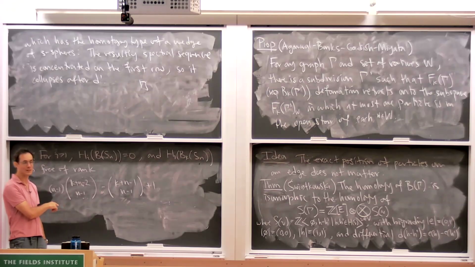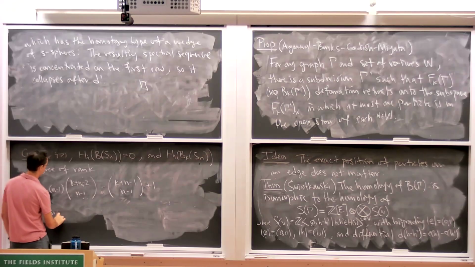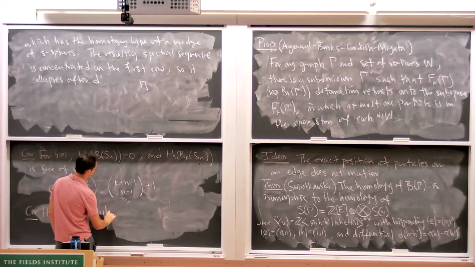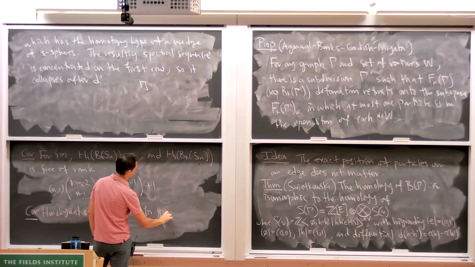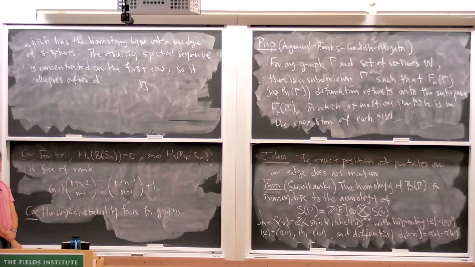It doesn't have degree 0. It's a polynomial of positive degree. Okay. So in particular, homological stability fails for graphs. In fact, it failed as soon as we stepped like a single foot outside of the world of manifolds. Immediately it failed. Okay. So we should think that probably homological stability doesn't hold very often for graphs.